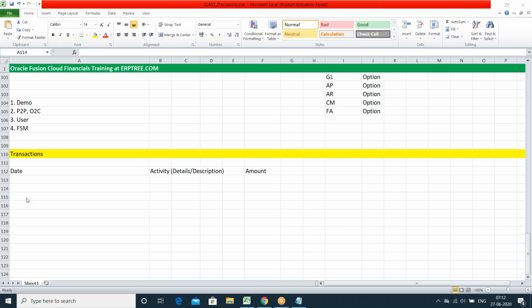When I am tracking the transaction with the date and period, the date and period belong to a year also. That is 2020. So that means when you are recording the transaction, which date it belongs to, which period the date belongs to, which year the period belongs to, all the details we have to capture in the system.